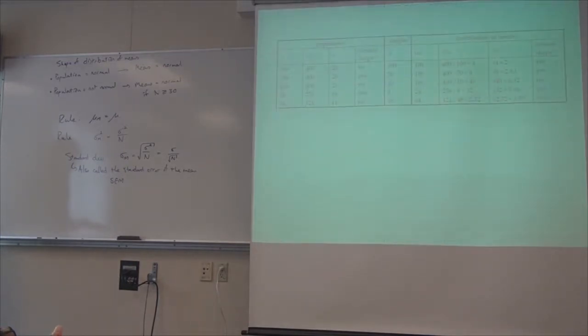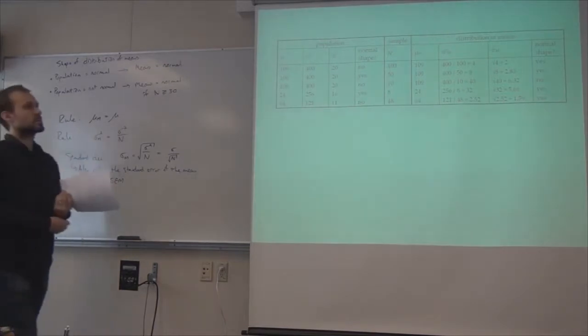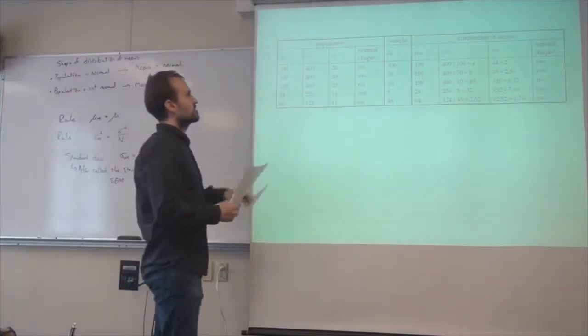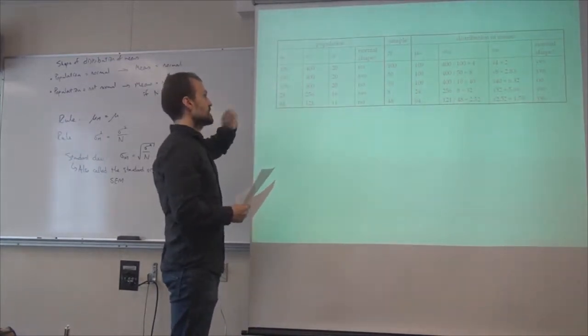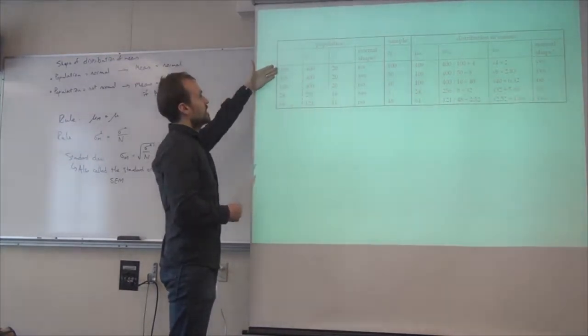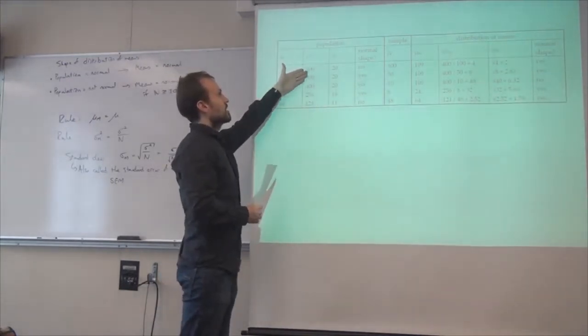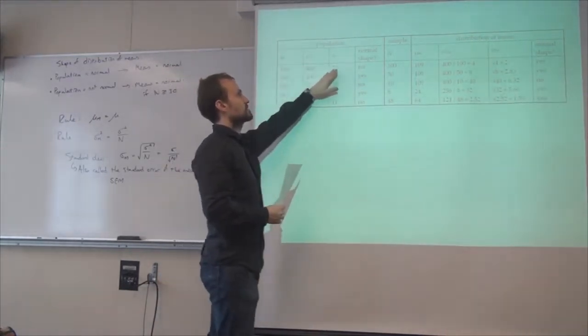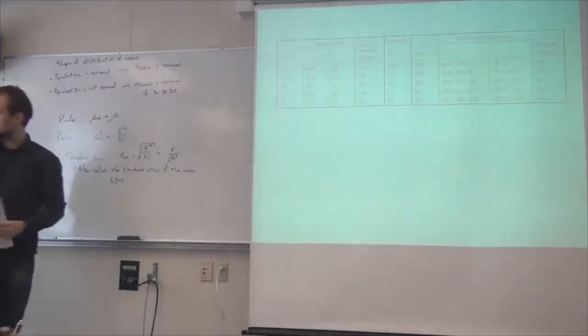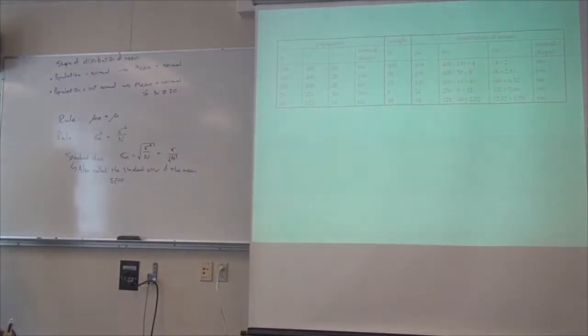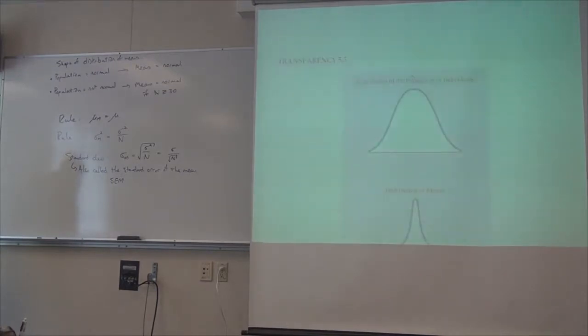So if I just go down here, let's look at this for a second. I have different kinds of population scenarios. Suppose I have a mean of 109, variance of 400 for my population, therefore a standard deviation of 20, but I don't have a normal shape for the population. Let's go back.